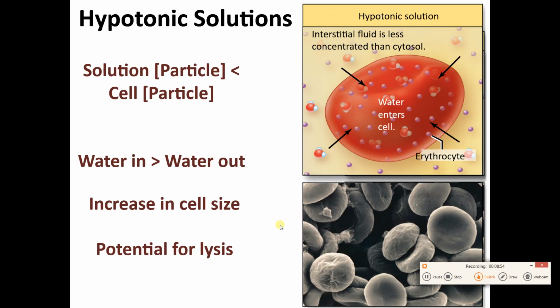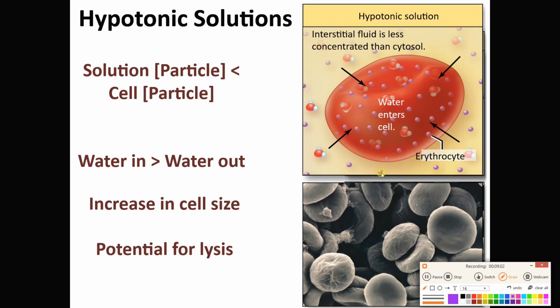Okay, there are also hypotonic solutions. In a hypotonic solution, check it out here, there are fewer particles outside the cell, fewer particles in the solution than there are inside the cell. So water is going to enter the cell because this is where I've got more particles. Osmosis is occurring, but water is going into the cell.